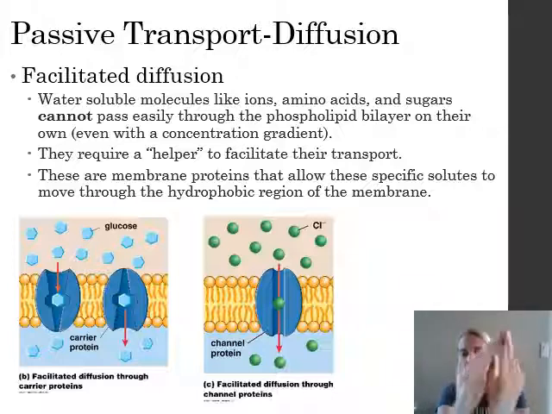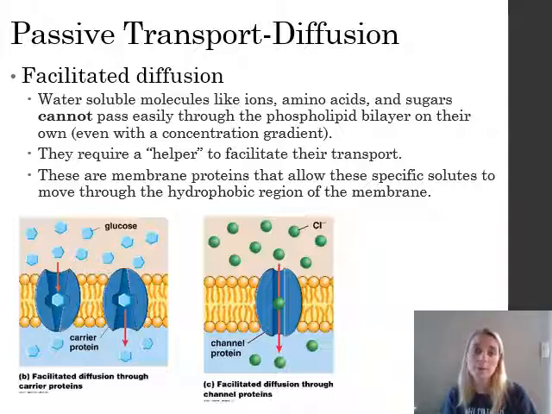Glucose will come in, Pac-Man. So it kind of does this. It's passive. It's only going to do that if the glucose is going down its concentration gradient. So in this picture, we have a lot more glucose outside of the cell than inside of the cell, and it will continue to do its little Pac-Man until it's reached equilibrium.